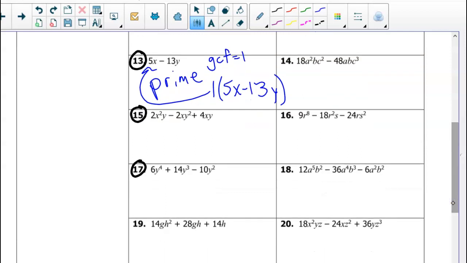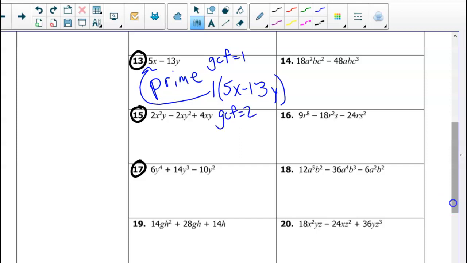Now I have 3 terms. Don't freak out. It's the same thing. We're doing the same exact thing. We're just looking for a GCF that works for all 3 terms now instead of just 2. Coefficient-wise, I see I have 2 2's and I have a 4. The lowest number I can take out of all of them, or I could divide out of all of them, is 2.